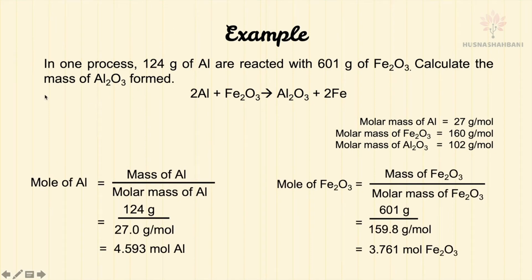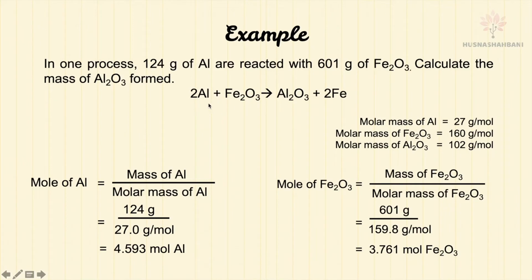Now, we want to know the mass of Al2O3. We have the mass of Fe2O3 and the mass of Al. We have the mass of both reactants. We want to know the mass of one product only. But now, which one are we comparing with, Al or Fe2O3?